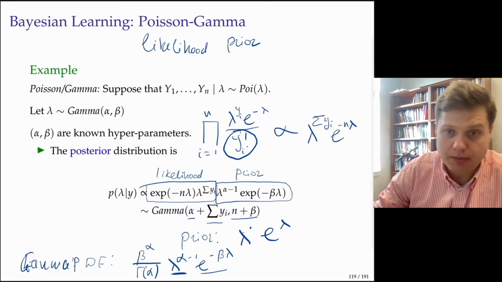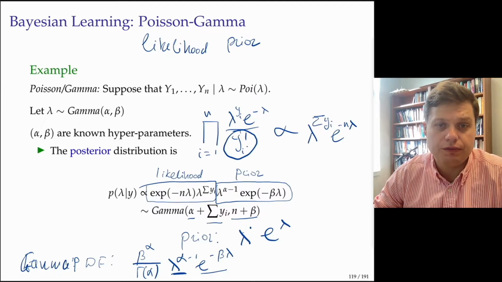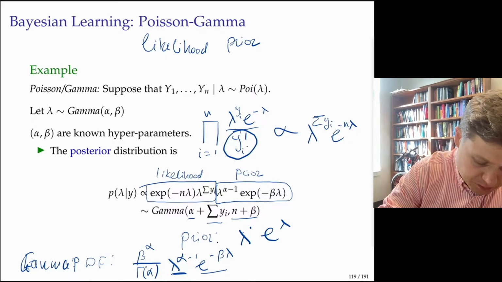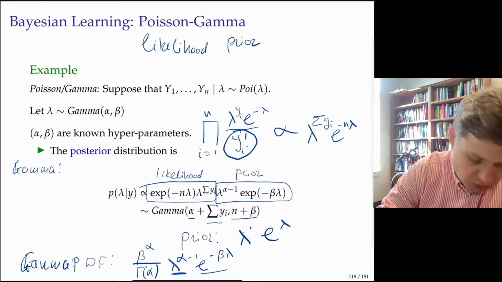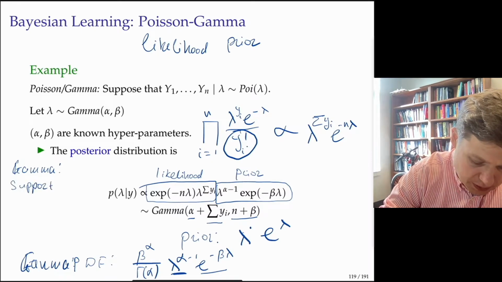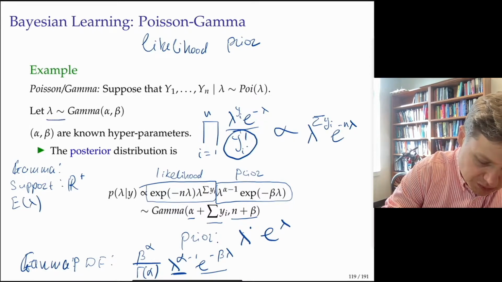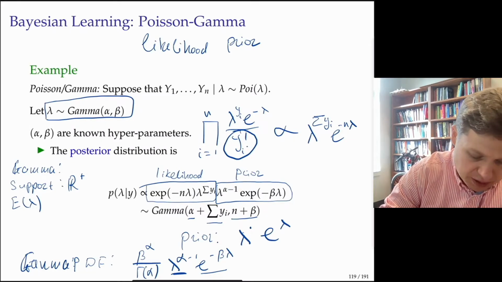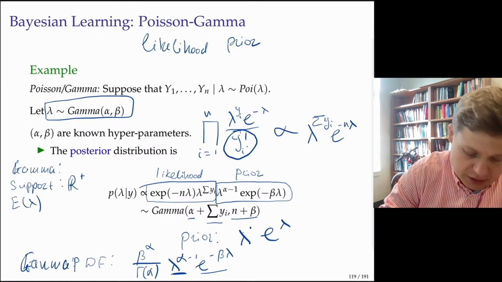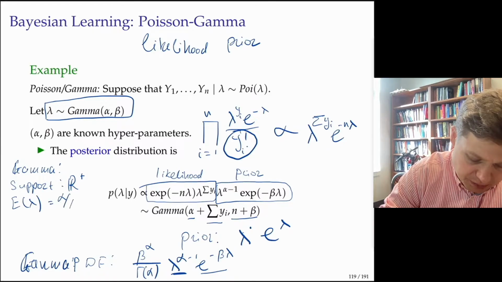And just to remind you again, a few facts about gamma distribution. So the domain or the support for gamma is all positive real numbers. The expected value of a gamma random variable. So here we assume lambda follows gamma parameterized by alpha and beta. Then the expected value of this lambda is just the ratio of alpha and beta.